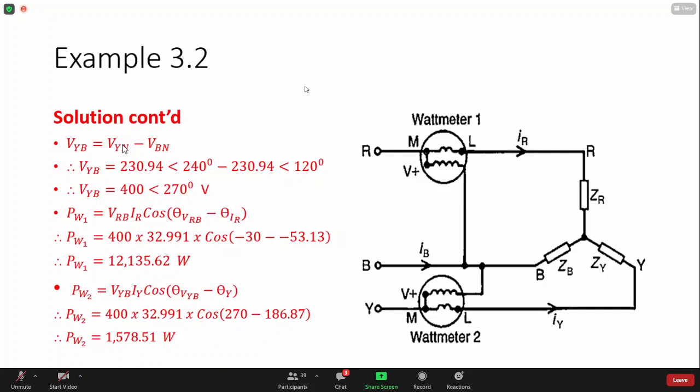And VYB would be VYN minus VBN. So we just substitute in the values for VYN and VBN. So we get VYB is equal to 400 at angle 270. In your calculator, you might see minus 400j. Is that the same as minus 90, sir?